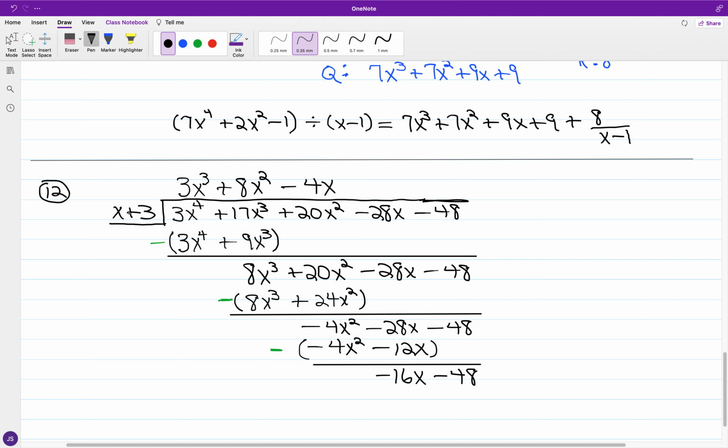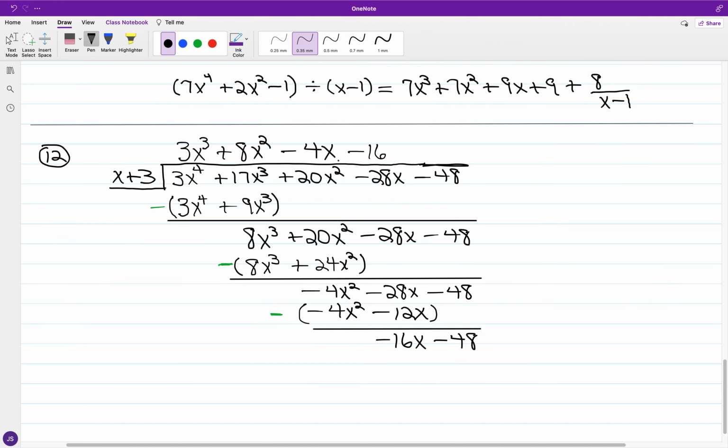and then we have x into negative 16x, so we have the last term of the quotient, which will be negative 16, and upon distributing, okay, so we'll have negative 16x, and negative 16 over 3 is going to be a negative 48.